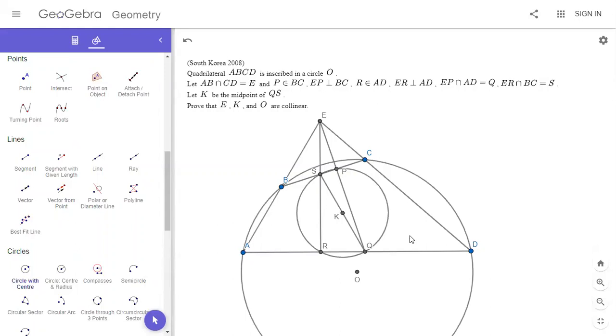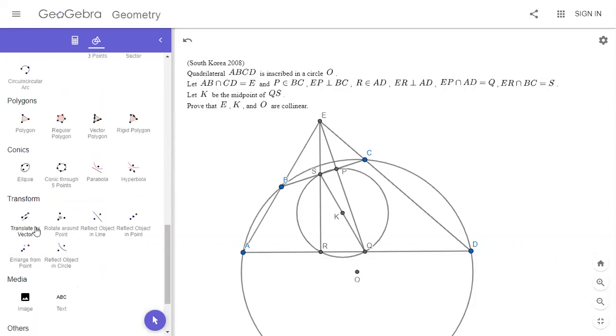Okay. I wonder if E is on the radical axis of those two circles. Well, I don't think so, because that would mean PQDC is cyclic, which it's not. E on the polar of K. Let's check it out.